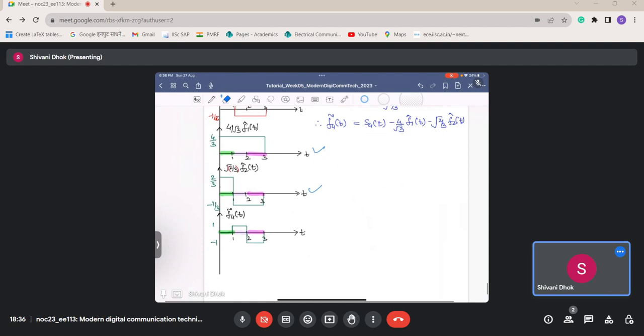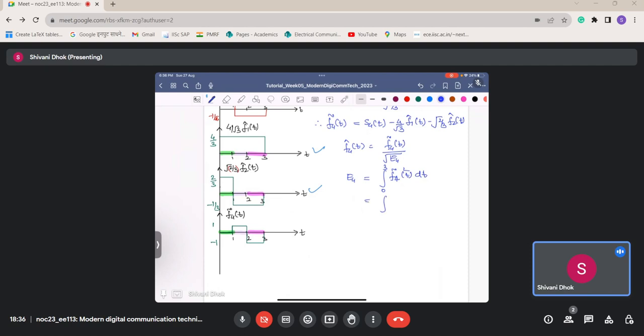Okay, and we know that F4 hat of t is simply F4 tilde t upon under root of E4, and this E4 is simply the integral from 0 to 3 of F4 tilde t square dt.